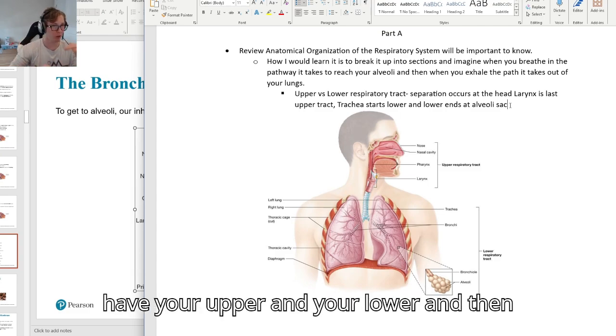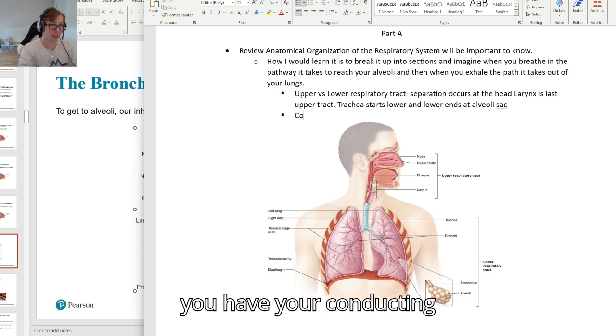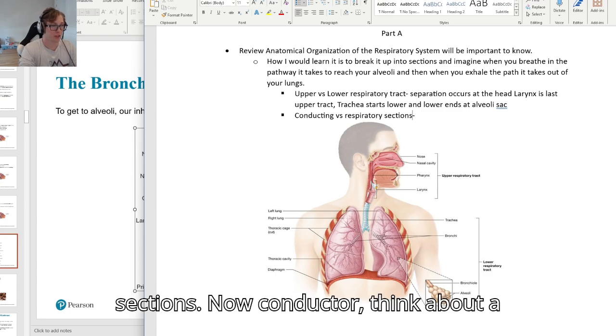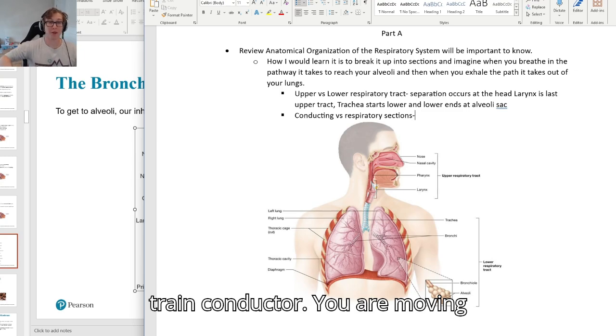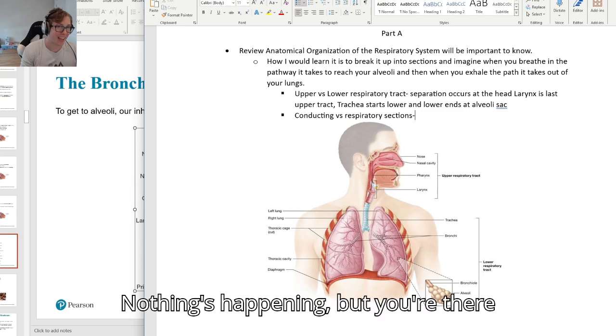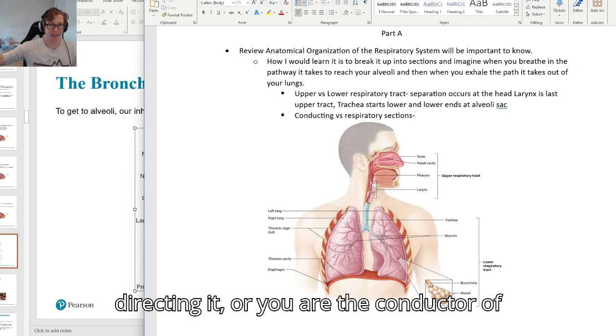So you have your upper and your lower, and then you have your conducting versus respiratory sections. Now, conductor, think about a train conductor. You are moving the trains along. Nothing's happening, but you're there directing it. Or you are the conductor of an orchestra.